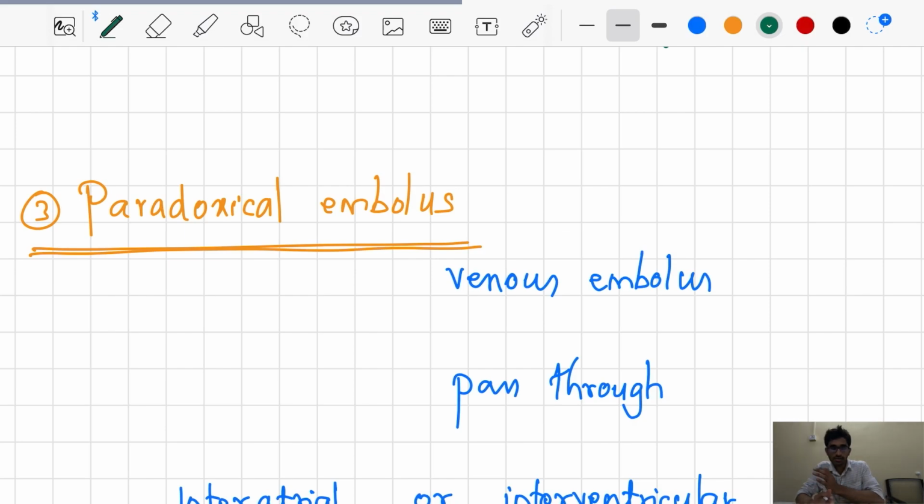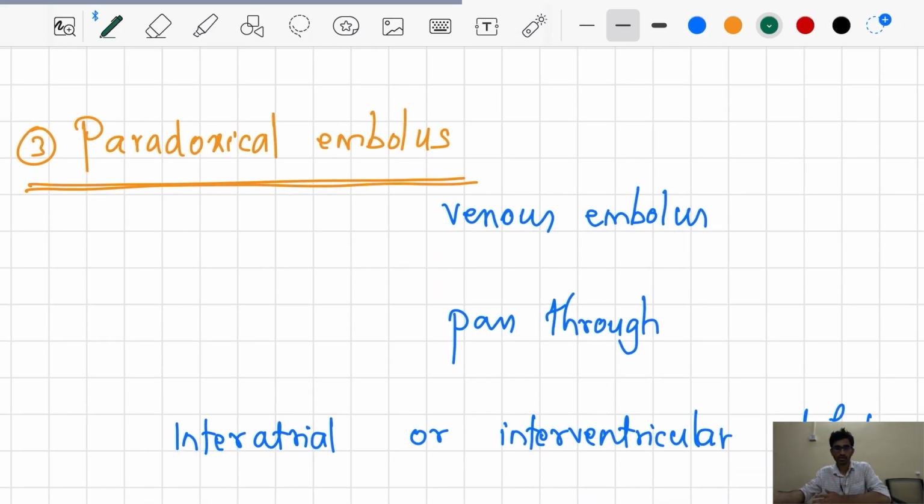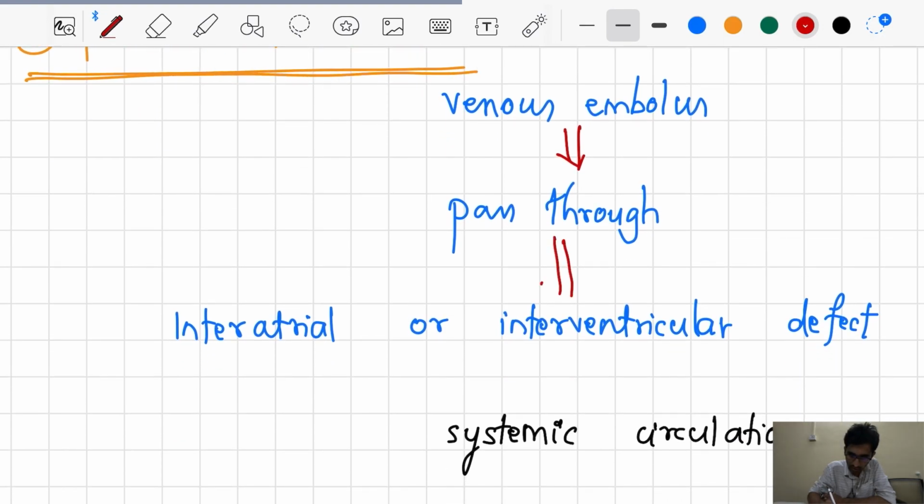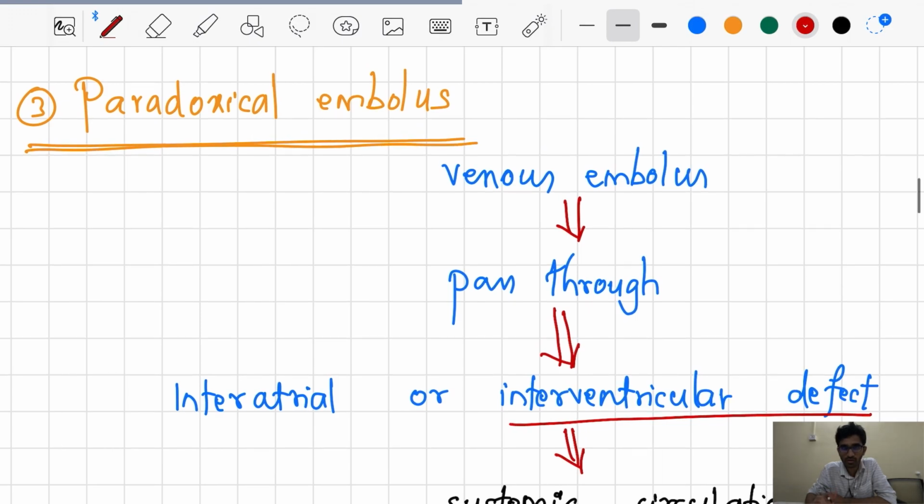As the name suggests, there is some paradox in it. Mostly it is a venous embolism, so the embolus must remain in the venous system, but here the embolus goes to the systemic circulation or arterial system. How? The venous embolus passes through an interatrial or interventricular defect and then it reaches the systemic circulation. This is the paradoxical embolus.